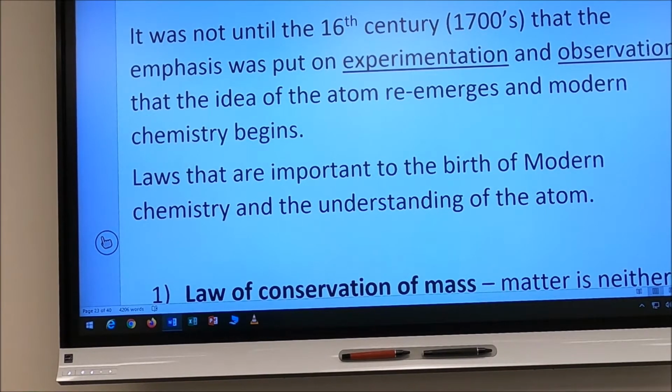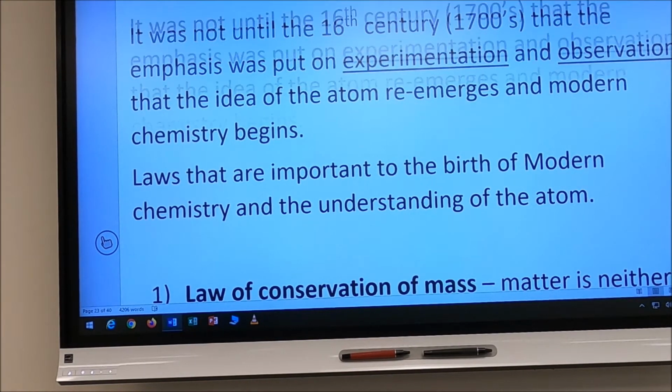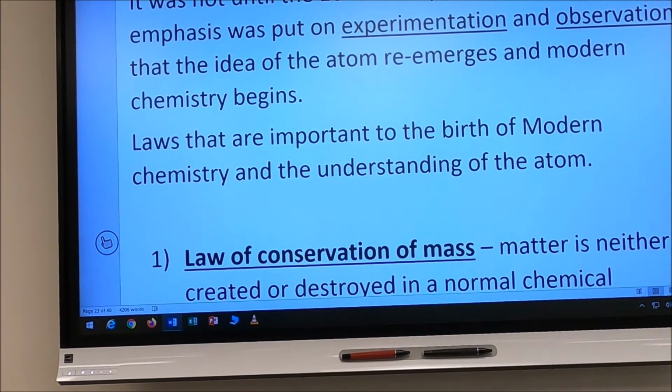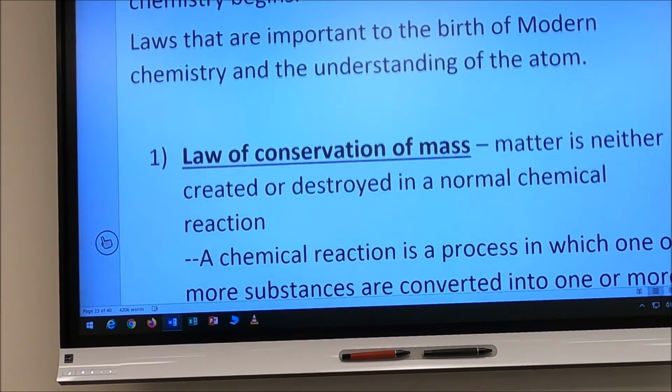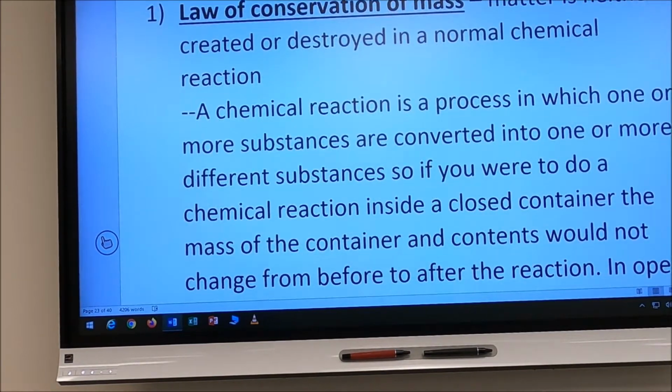And if we thought it, that was the way it was, and we didn't need to observe the world around us. Not a real sciencey modern approach. Okay? And out of these experiments and observations, we're going to see a reemergence of the atom.